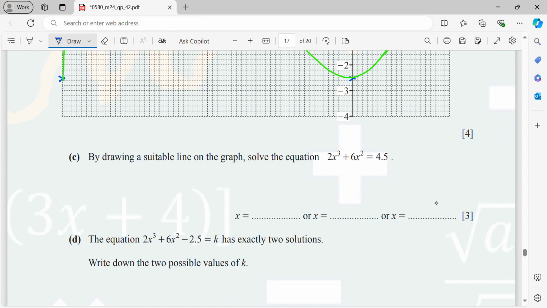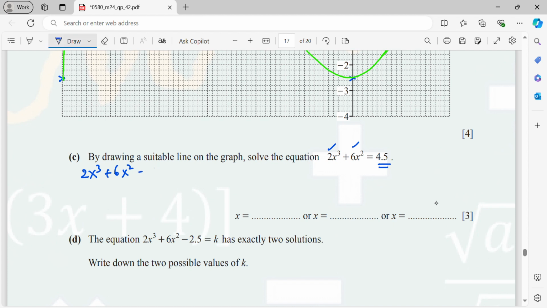Okay, now by drawing a suitable line on the graph, solve the equation. So just now we have 2x cubed plus 6x squared minus 2.5. Okay, so now here it is 4.5, and these two are the same. That means I will rewrite the 4.5 first.